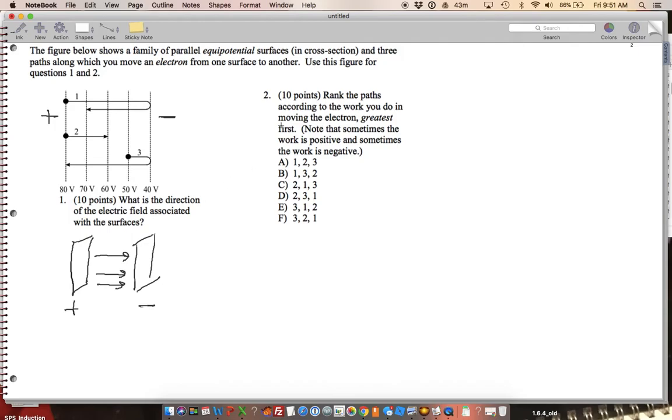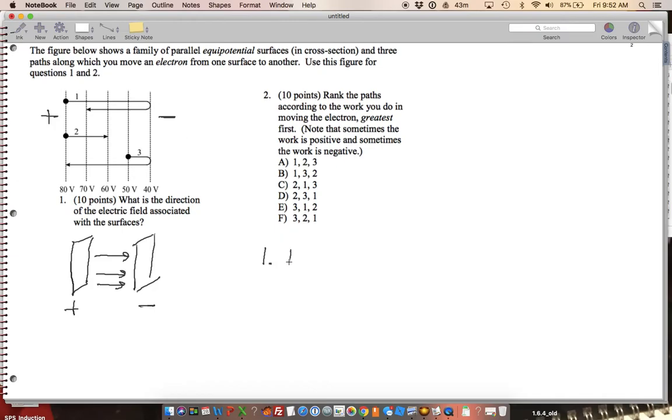Rank the paths according to the work you do moving the electron, greatest first. Okay, so in this case, I'm going to have to do work here. So if I say electron number 1, I'm going to have to do work of, if I just think each of these are 10, so I'm not going to really calculate numbers, I'm just going to say this has to go a full 40, or call it even just 4 spots, 1, 2, 3, 4.